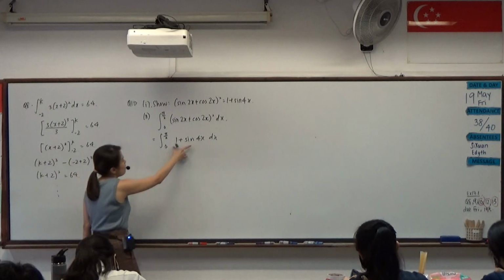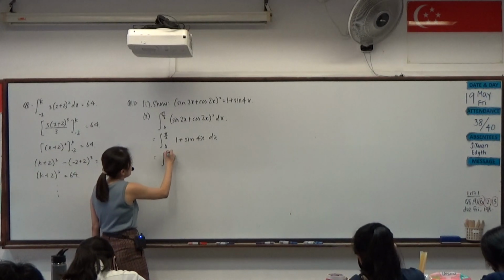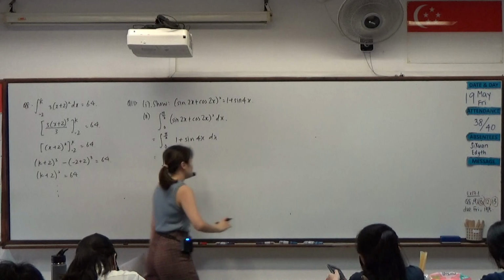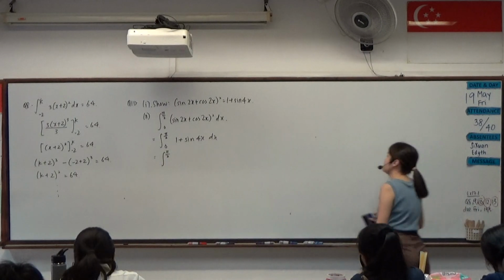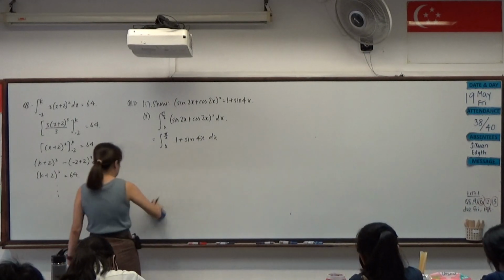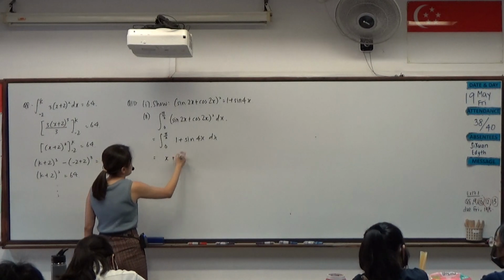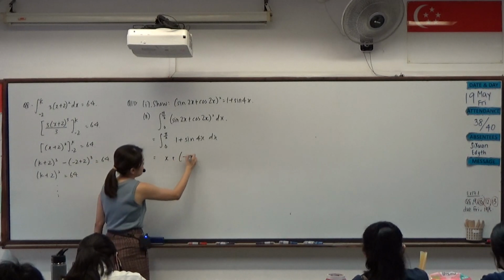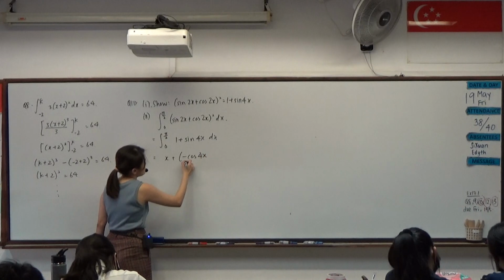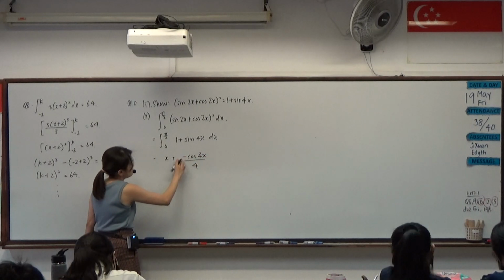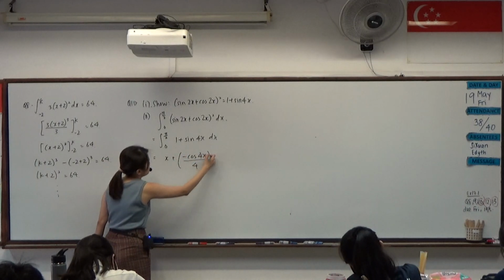Alright? So for 1 plus sine 4x, we know how to go about integrating it. For integrating 1, we will get back our x. And to integrate sine, that means our negative cosine, angle remains the same, not forgetting to divide it by 4.